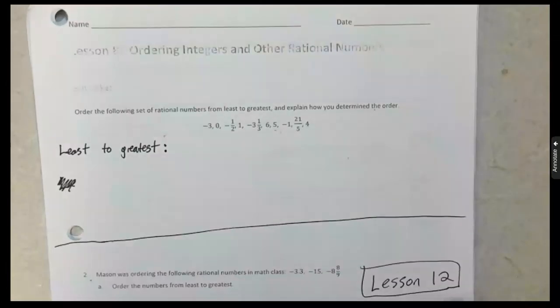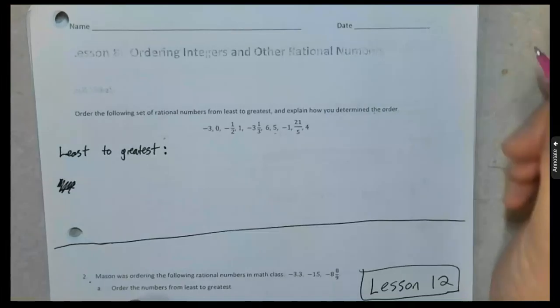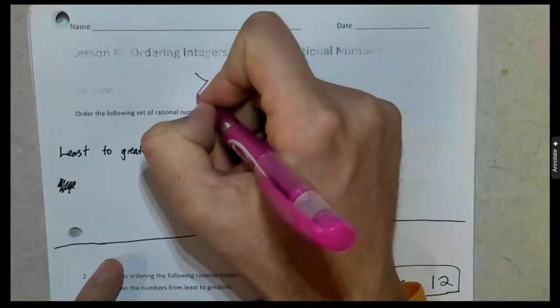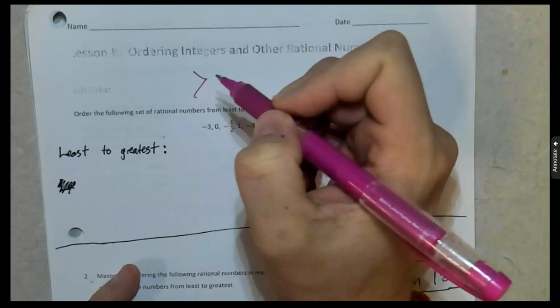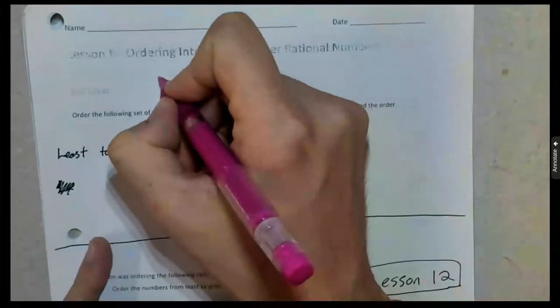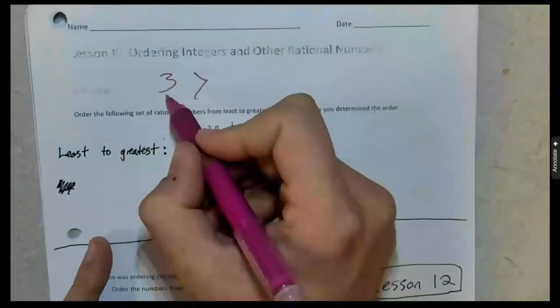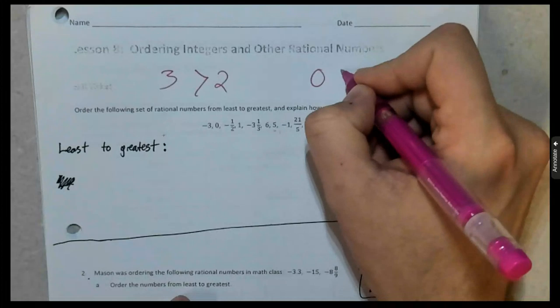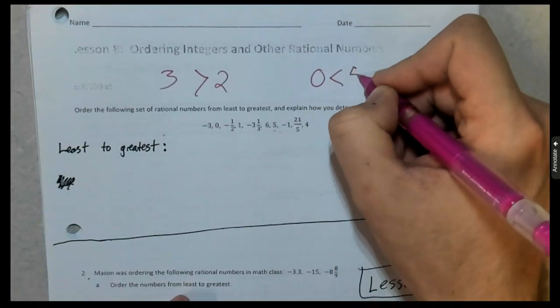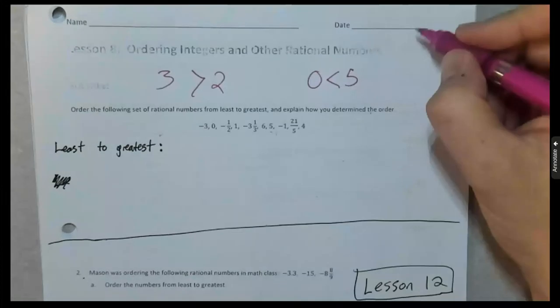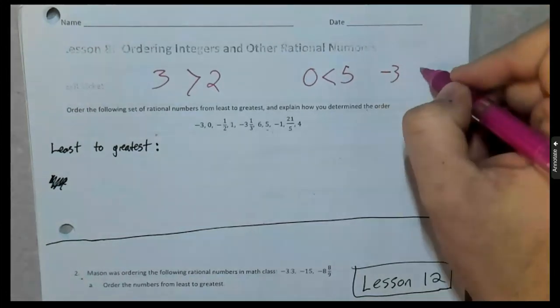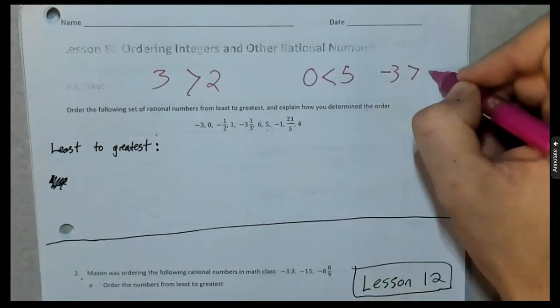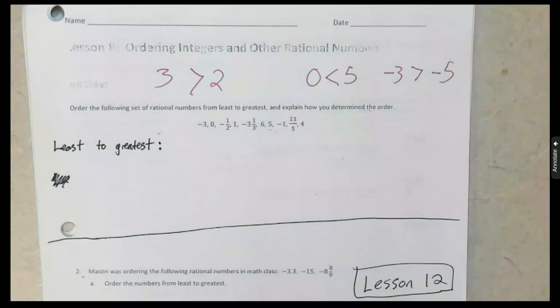I'm going to keep moving now right into lesson 8. This is now just using our inequality symbols. I'll just put some examples down. Actually, we don't even have to use inequality symbols, but for example, 3 is greater than 2. 0 is less than 5. -3 is greater than -5, going off of what I just said before.